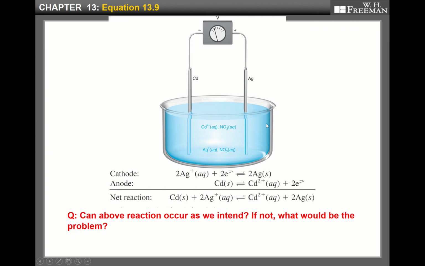Why is that? The answer is that all these species are in the same beaker. In this case, the reaction equilibrium takes place immediately. Under the equilibrium condition, nothing will happen.